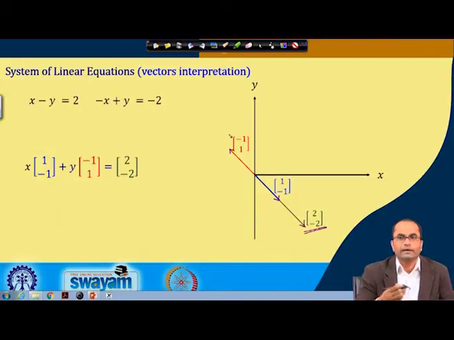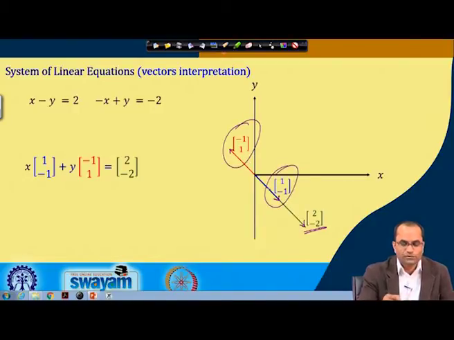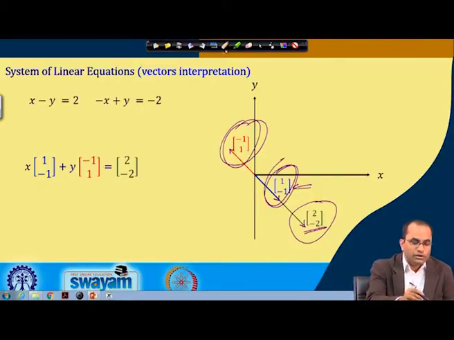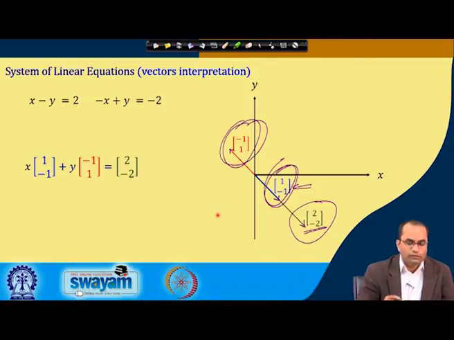There are infinitely many possibilities to form a linear combination of these two vectors to get this vector 2 and minus 2, because it is parallel to the given vectors. So, from the vector interpretation as well, we can see that there are infinitely many solutions in such cases.